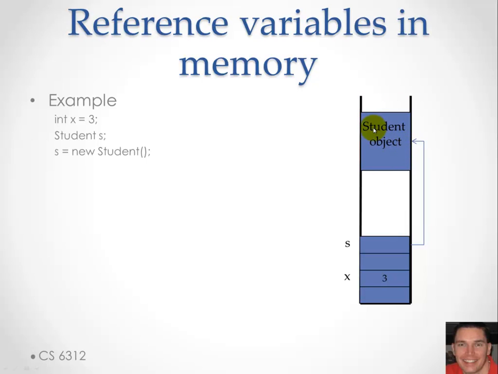When it does that, it returns the memory address of that, and it writes that within s's memory cell. So then we can say s points to the location where that student object is stored. In other words, it refers you to where you need to go to actually find that particular student object. That's why it's called a reference variable.